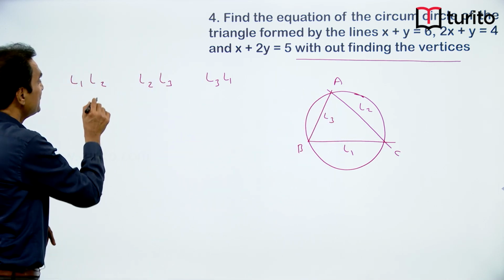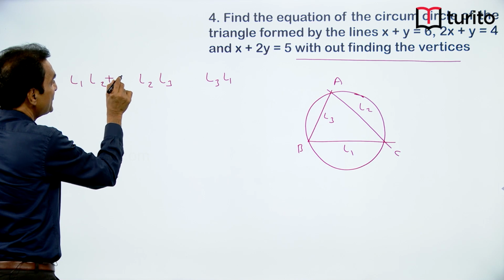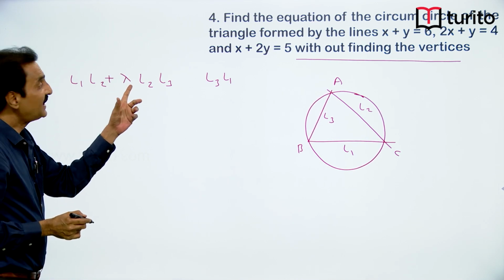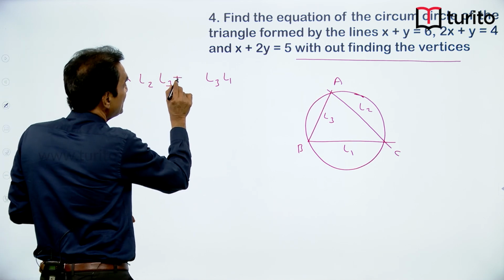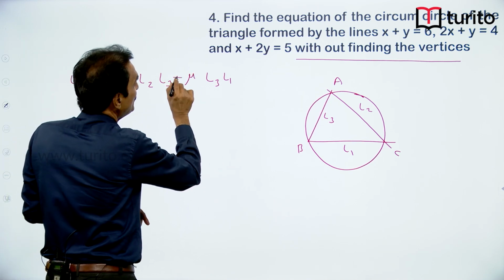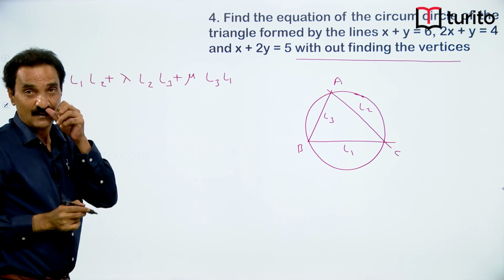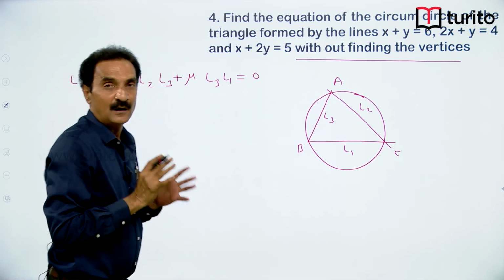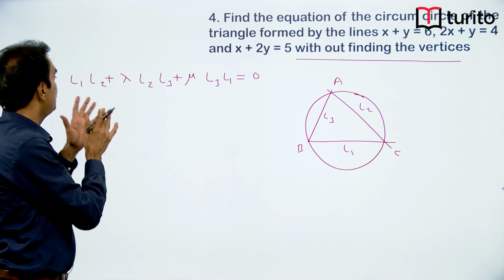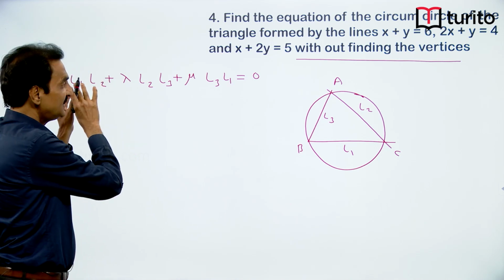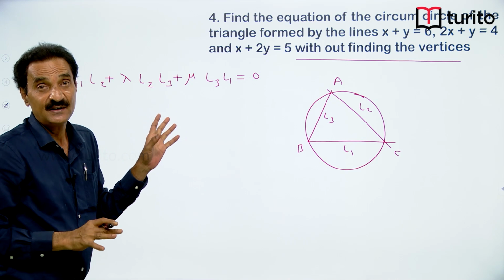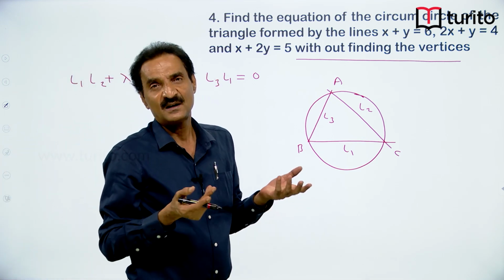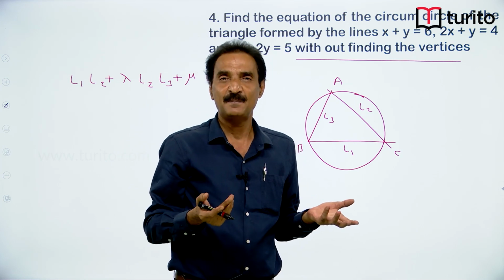So, I will take the equation L1 L2 plus some constant lambda into L2 L3 plus some other constant mu into L3 L1 is equal to 0. Now, we can say that this is a second degree equation in x and y. So, this represents some curve. It may be a circle or ellipse or hyperbola or parabola.